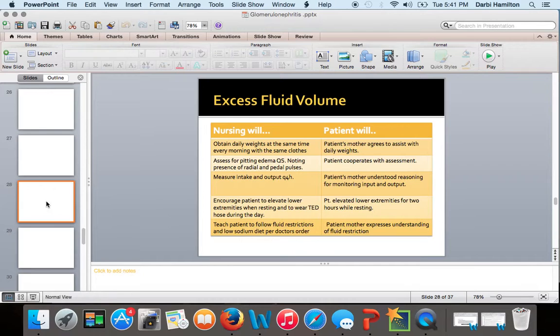And our last intervention for excess fluid volume is to teach patients to follow fluid restrictions and low sodium diet per doctor's orders. In this case, a fluid restriction of 1,500 ml is recommended. This is to ensure excess fluid is not taken in. And patient response: mother expresses understanding of fluid restrictions.